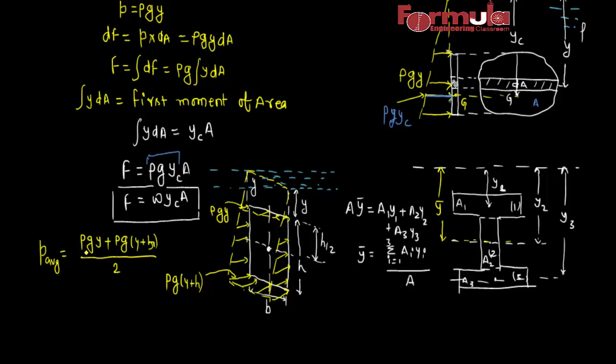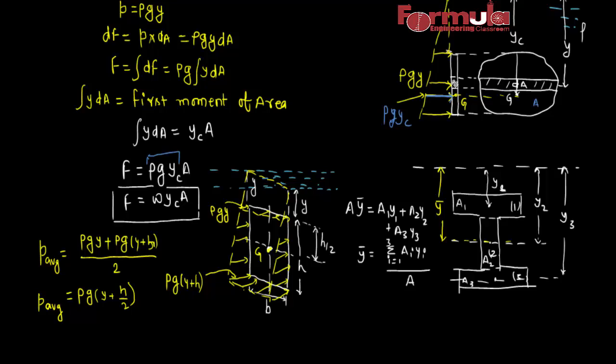So our P average, the average pressure intensity acting over the surface, is rho g (y plus h by 2). Now let's check what the pressure intensity is at the center of gravity of this body.